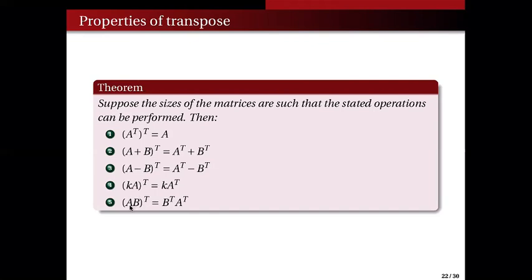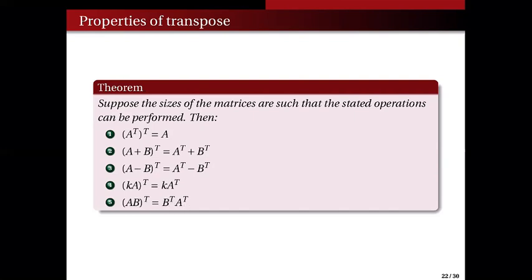And then you have two matrices which you can multiply, matrices A, B such that the product AB exists. If you transpose that product AB, it will be equal to B transpose A transpose.